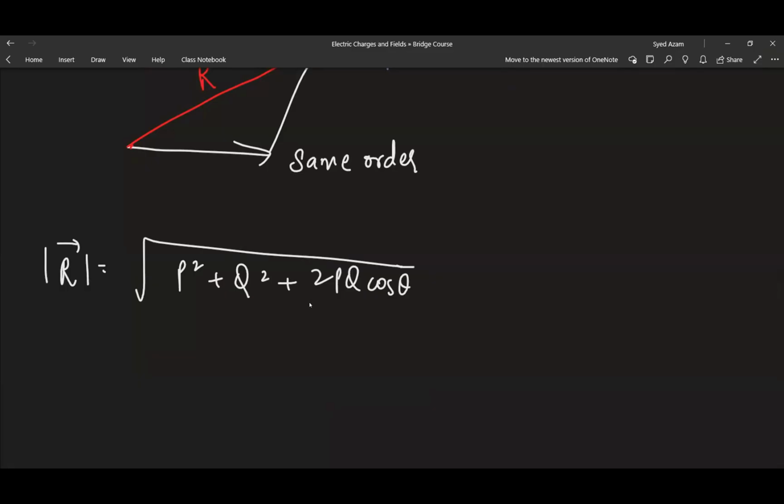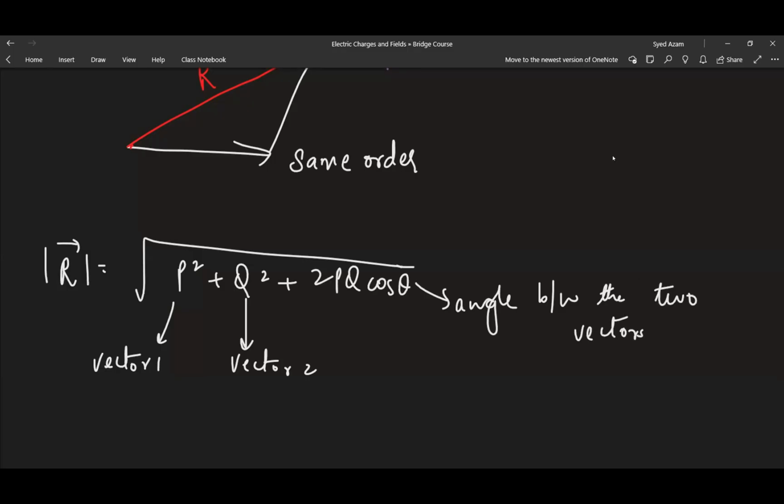This is how you calculate. This is vector 1, this is vector 2. And theta, what is theta? Angle between two sides. So this is the angle between the two vectors.